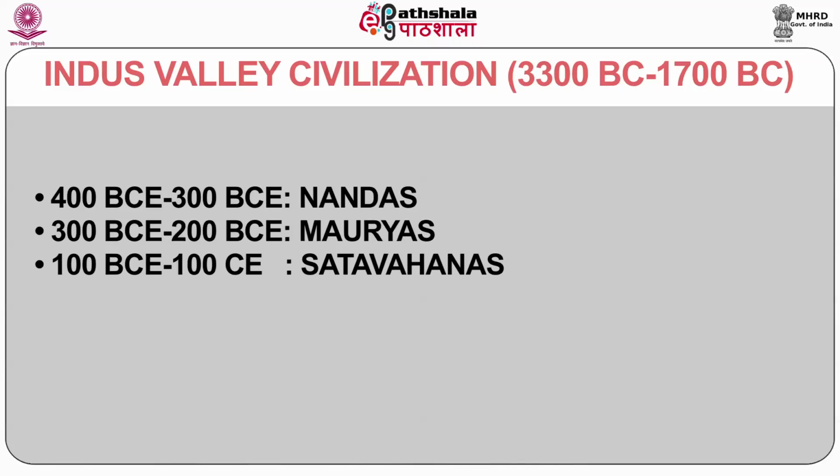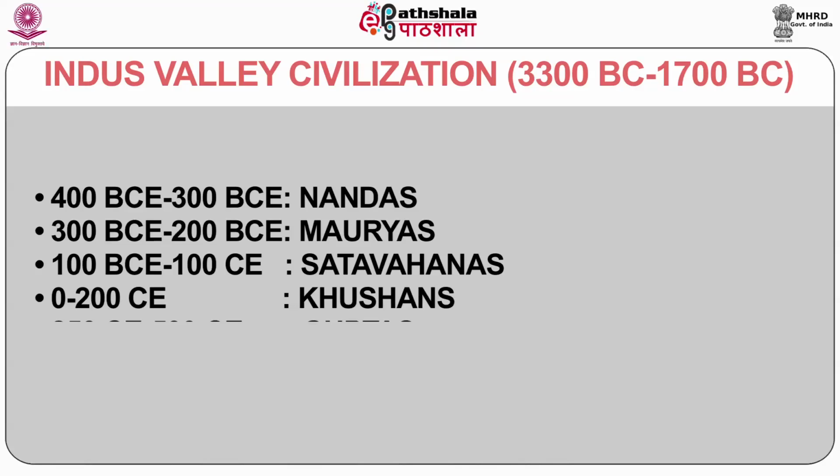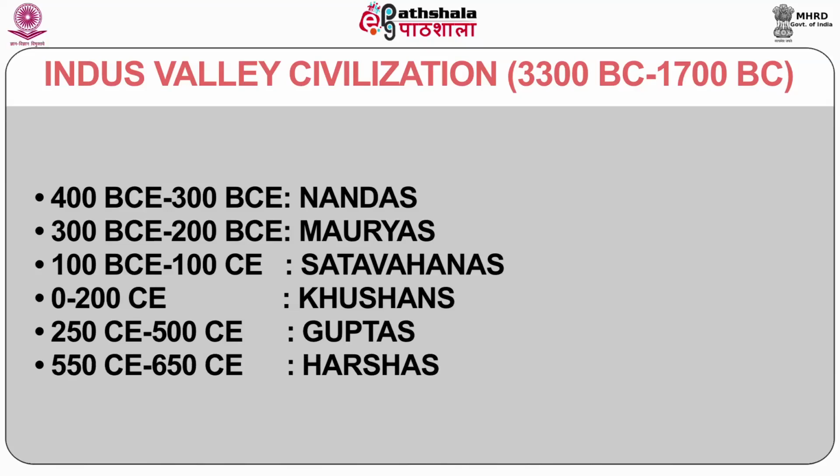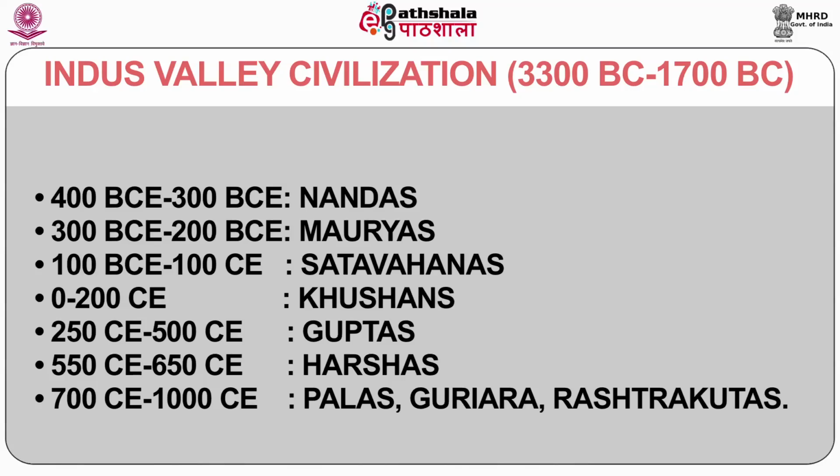Then 100 BCE to 100 CE, the Satavahanas. Then 0 to 200 CE, the Kushanas. 250 CE to 500 CE, the Guptas. Then 550 CE to 650 CE, the Harshas. Then 700 CE to 1000 CE, the Palas and Rashtrakutas. Then 900 CE to 1100 CE, the Cholas.